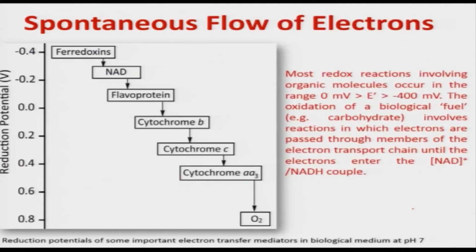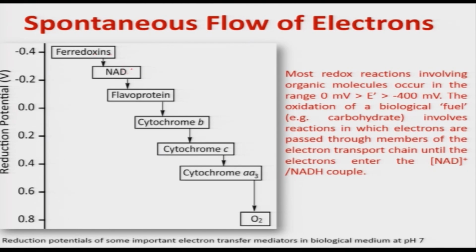Now, this large number of electrons comes spontaneously like this. Most redox reactions involving organic molecules occur in the range of 0 to minus 400 millivolt, and the electron comes to ferredoxin, then ferredoxin transfers the electron to NAD, and ferredoxin becomes oxidized.